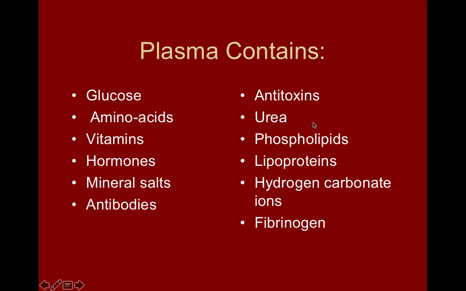Urea, which is a nitrogenous metabolism waste, phospholipids and lipoproteins to make cell membranes, hydrogen carbonate ions, these are going to be buffers, and then fibrinogen, which is the liquid protein fibers that will clot when it's time for your blood to clot.